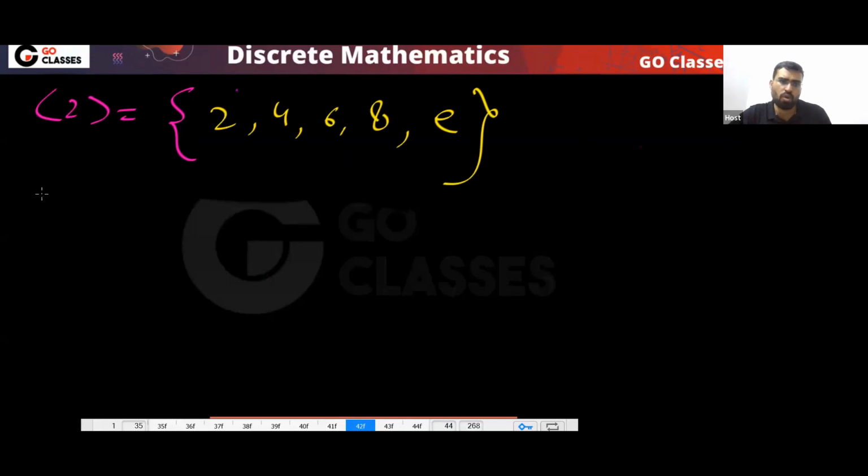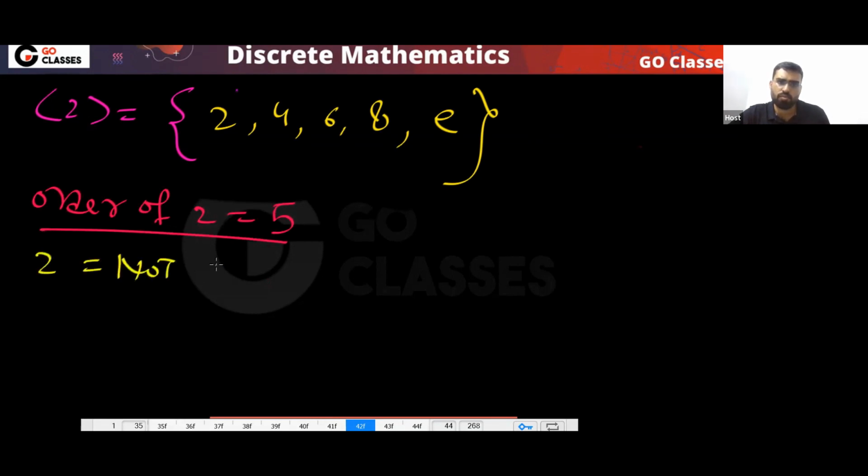So the order of 2 is 5. And 2 is not a generator, because 2 cannot generate all the elements.